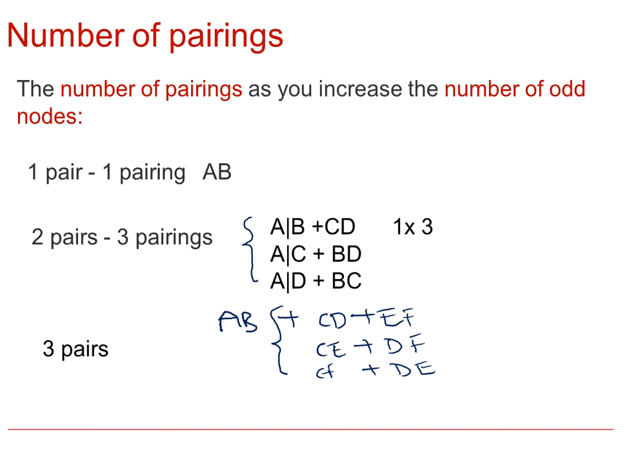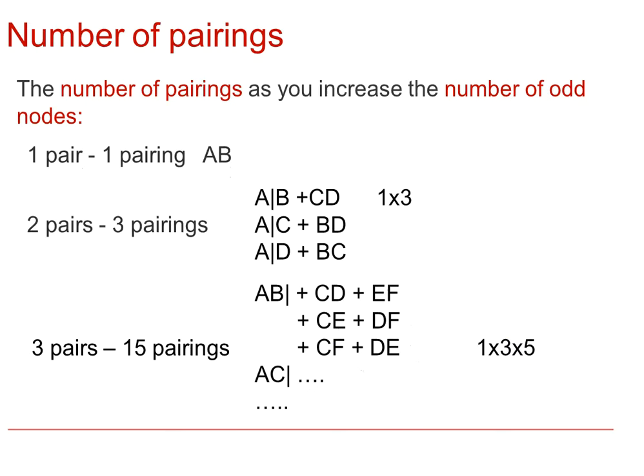You would then look at AC and so on down to AF, each of which would have those 3 options. So therefore we're looking at 5 choices for A to initially pair with, and then thereafter for each of those you've got this 3 times 1 worth of choices, and thus 15 pairings when you have 6 odd nodes or 3 pairs.